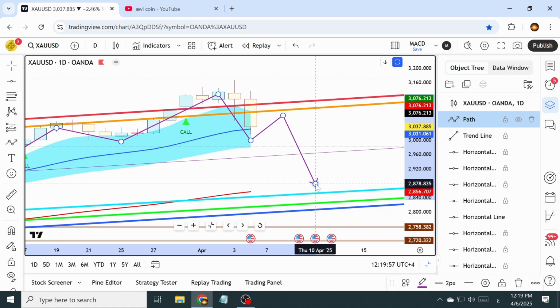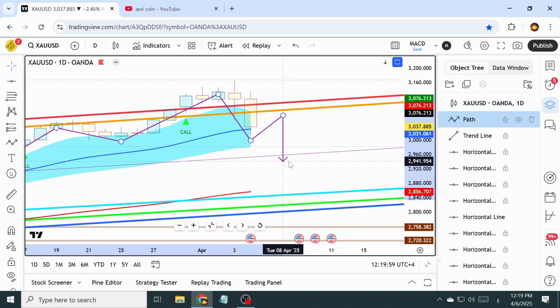If the price breaks the channel, this channel will get supported by the 100 EMA, and below that it might go to the lower of this channel.